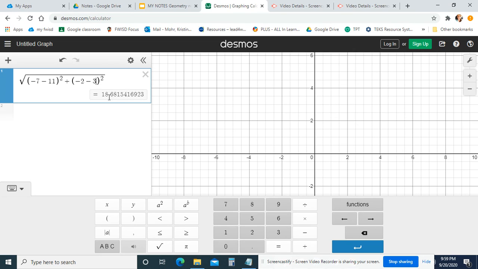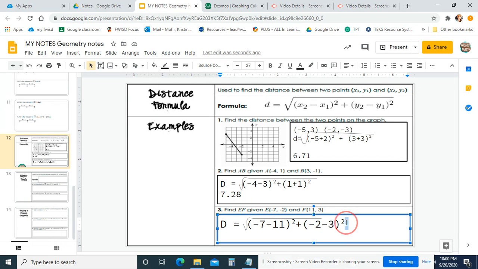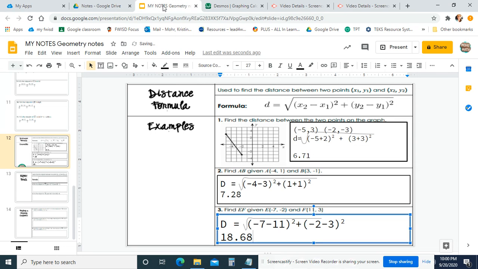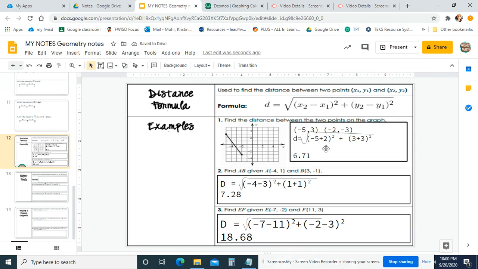So this final answer, 18.68. So final answer on that, 18.68. And that is the distance formula.